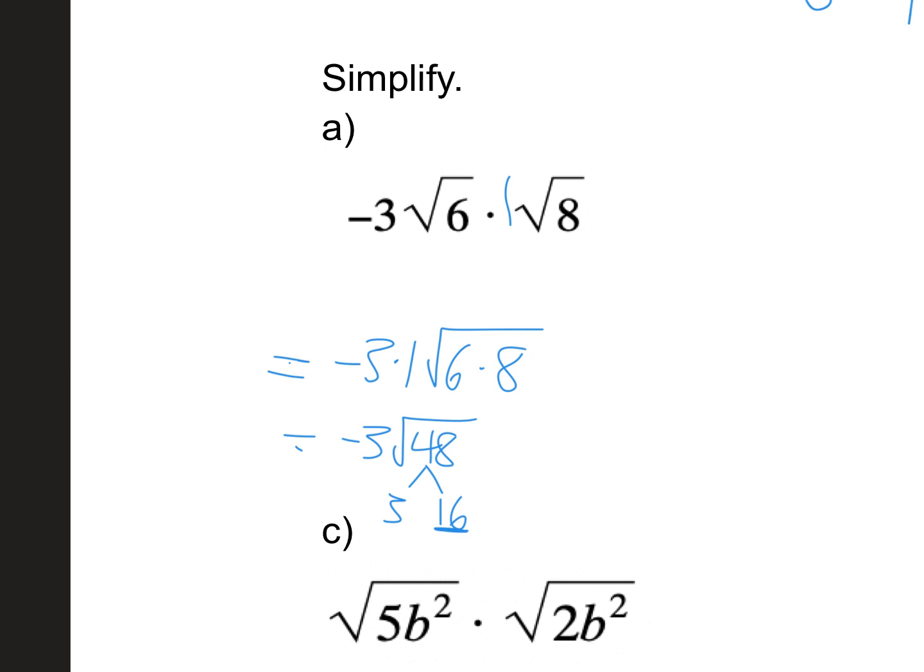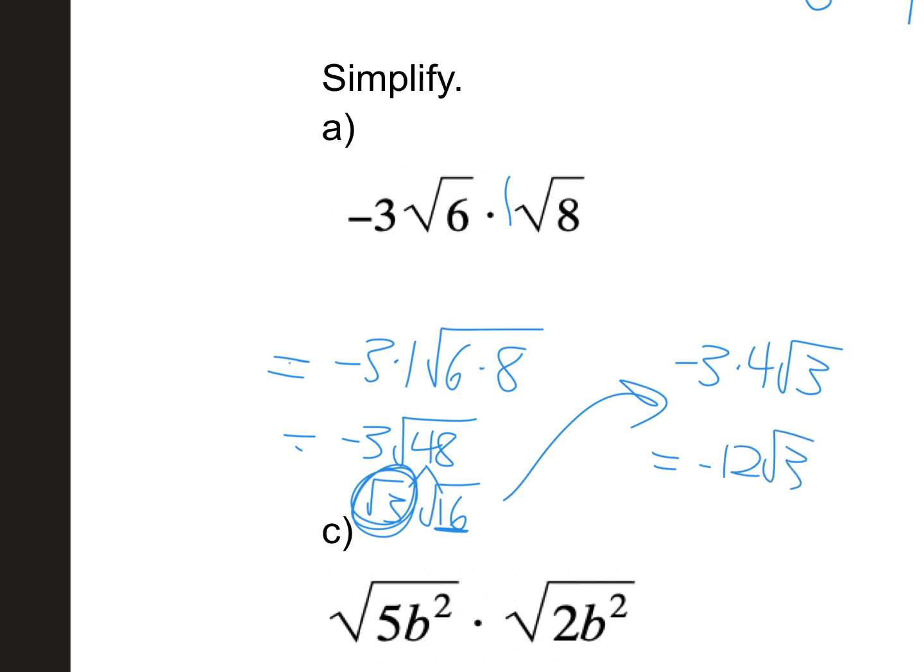The square root of 16 is 4, so I need to remember these are both still square roots. So I can take 4 out of that square root, and now I'm just left with this 3 here. If I want to simplify this, I have negative 3 times 4, which is negative 12, and then I still have my square root of 3.